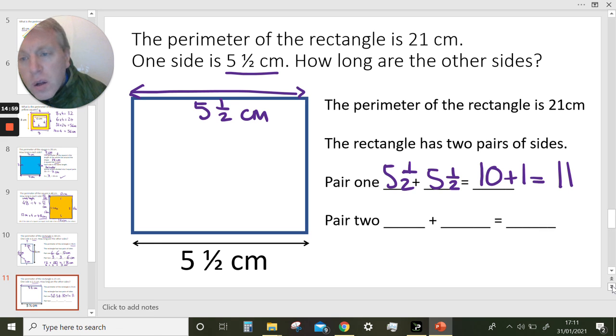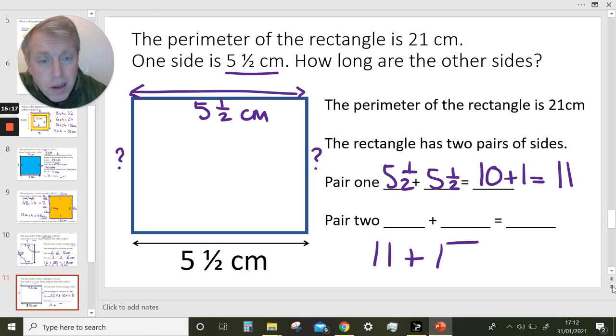Well, we're now trying to work out these two sides, aren't we? How much do these two sides add up to altogether? Well, the first pair is 11 centimetres, add the sum of the second pair. Add what makes 21?